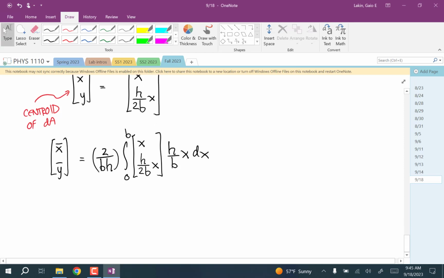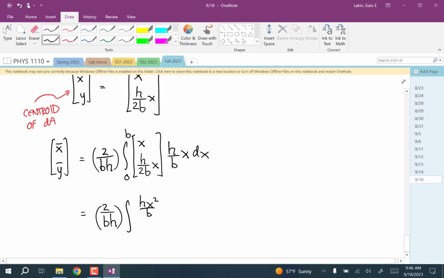All right, well, I'm going to simplify this a little. We got the 2 over bh outside. The integral, we have, for the x component, h x squared over b.